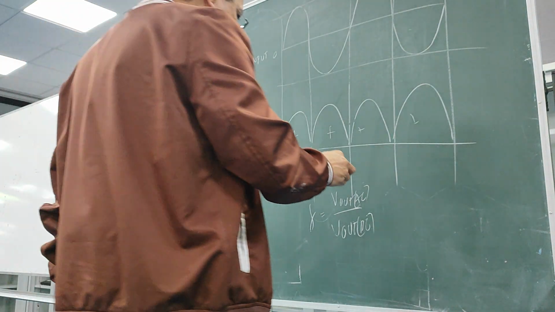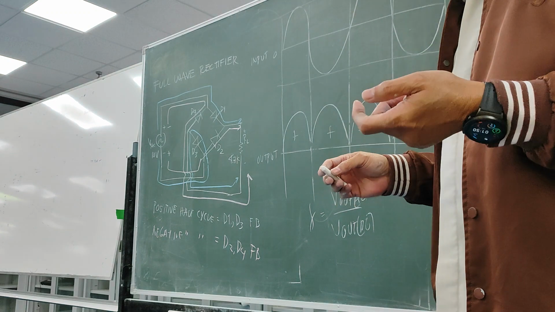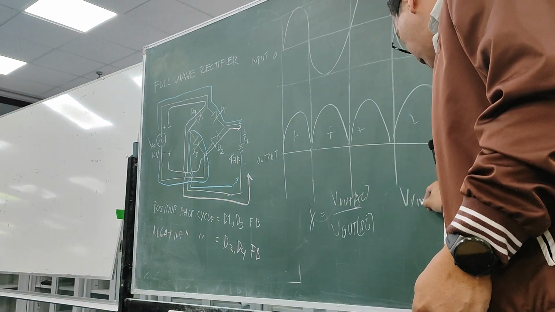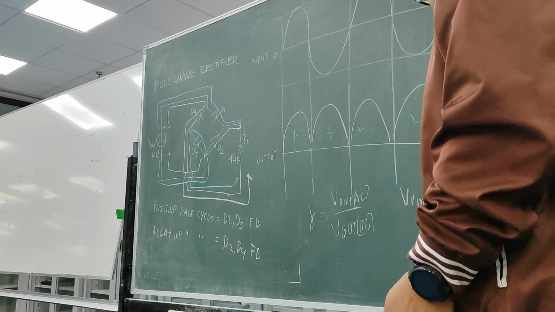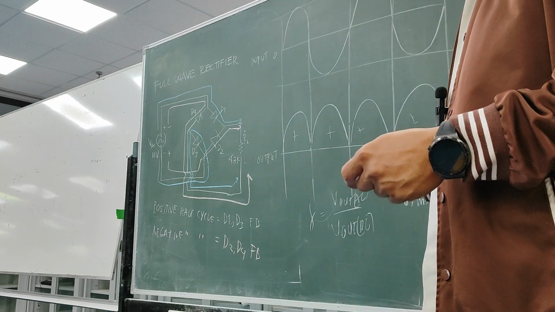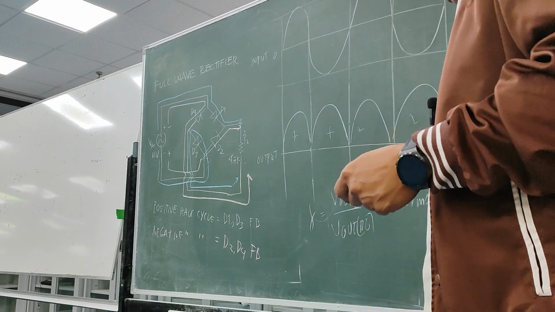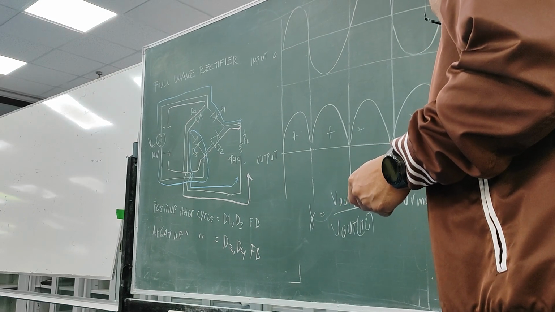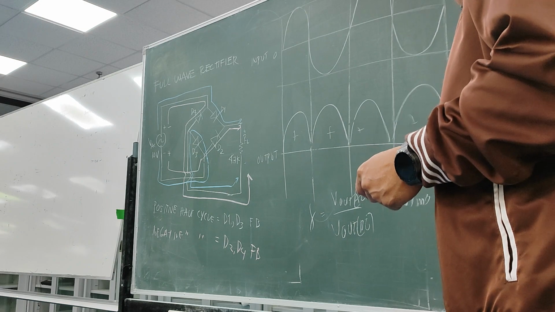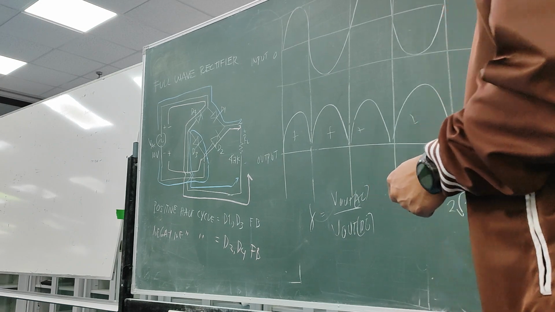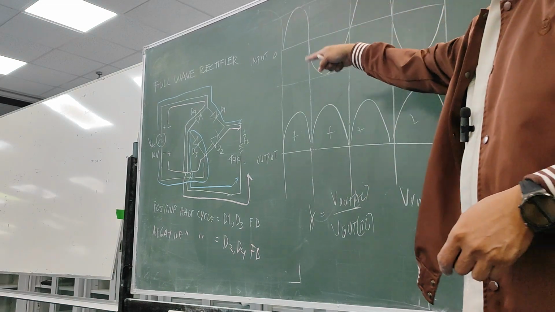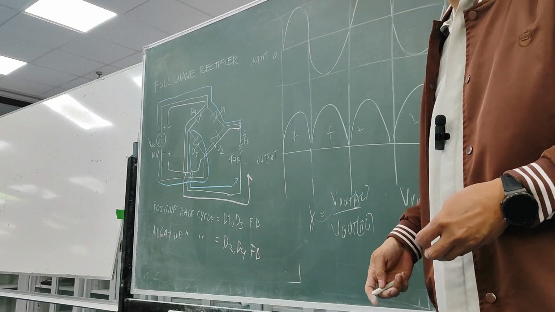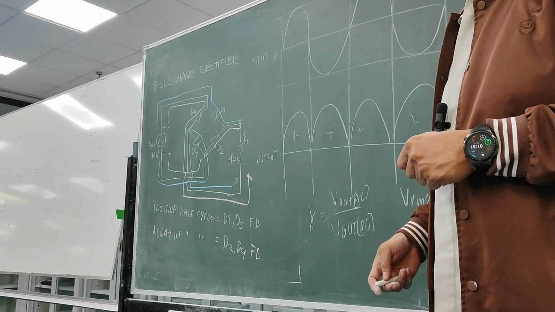Because in the DMM, digital multimeter, we are measuring RMS values. And the formula should be what? Using RMS, 1 over 2 square root of 2 times V peak to peak. Because we measure peak to peak values in the table that you have.